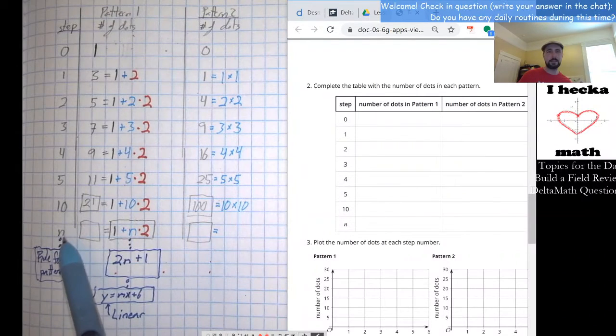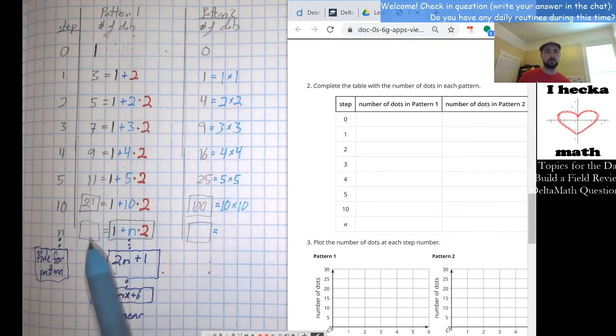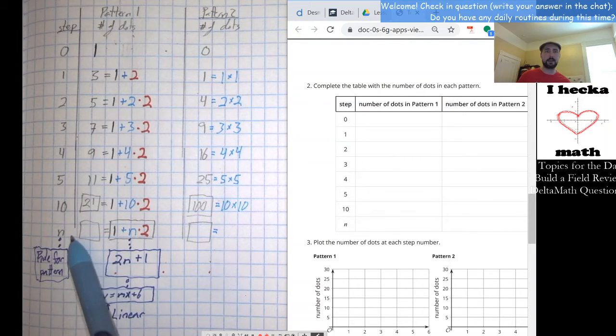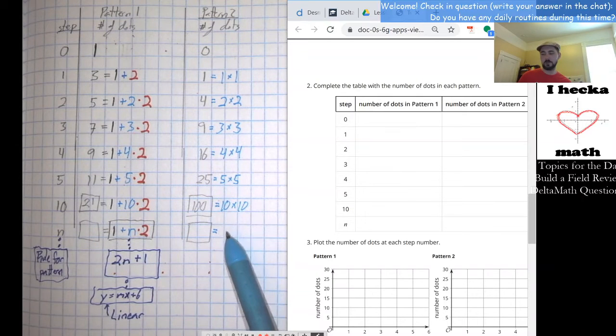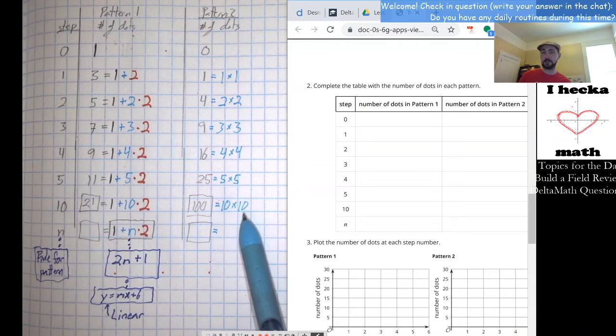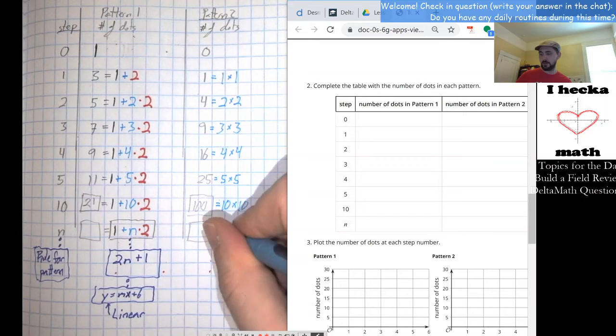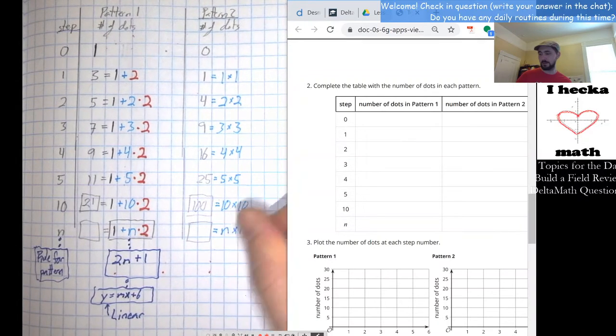If I want to get to any step number, what do I need to do with that step number? Well, if 10 turns everything into 10 times 10, then for n, this should be n times n.